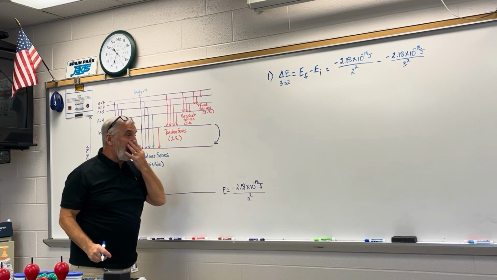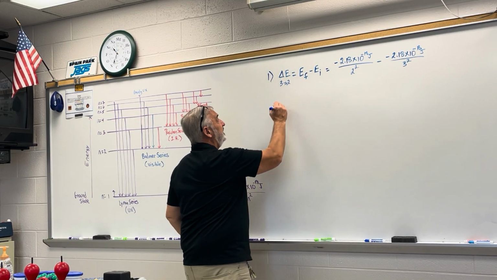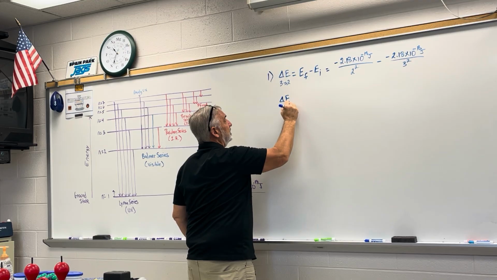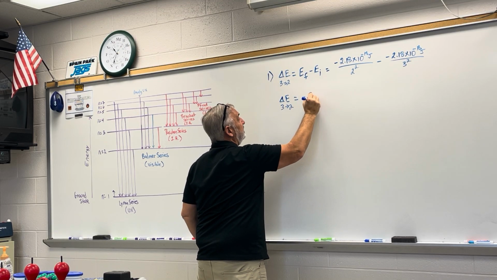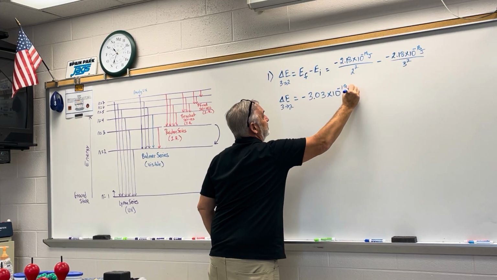Okay, I'm just plugging in. This is the energy of the electron on any energy level. So when we put all that in, this comes out to negative 3.03 times 10 to the minus 19 joules.